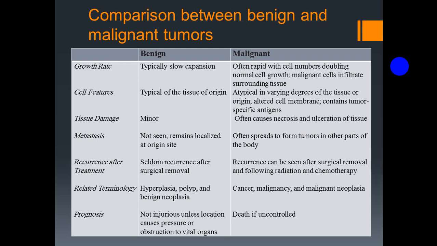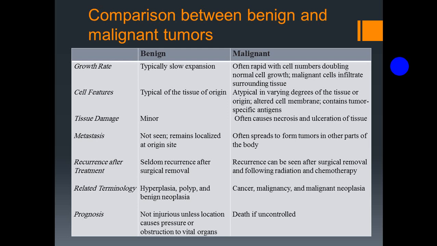Tissue damage: the benign tissue damage is minor, while the malignant often causes necrosis and ulceration of tissue. Metastasis: in the benign, there is no metastasis, while the malignant often spreads to form tumors in other parts of the body.